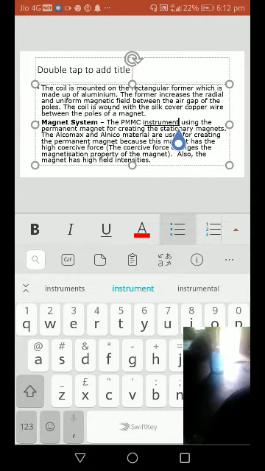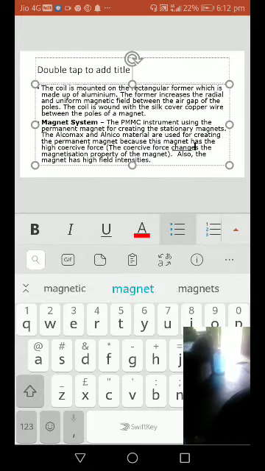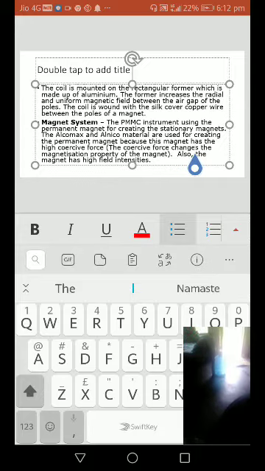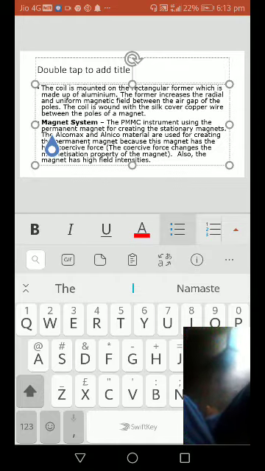This magnet has high coercive force, which resists changes to the magnetization property of the magnet.